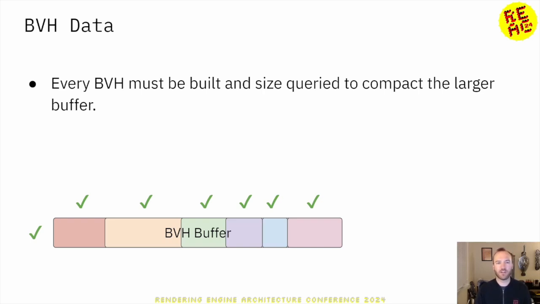We may attempt to compact the monolithic buffer after only one sub-BVH is built or after a number of them are built, only to find that another was built during that time and then have to compact again. Each of these operations would allocate a new buffer and perform a new copy. Not very ideal compared to the theoretical best of only allocating and copying the one time we absolutely need to.